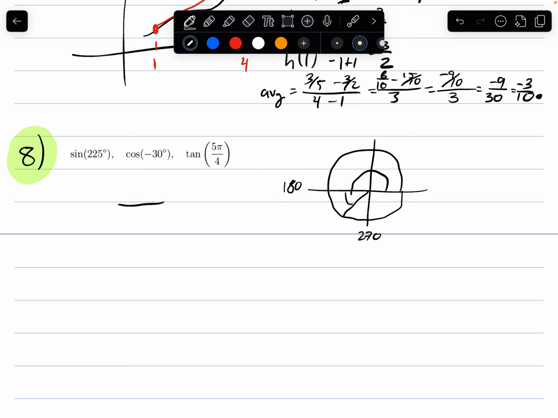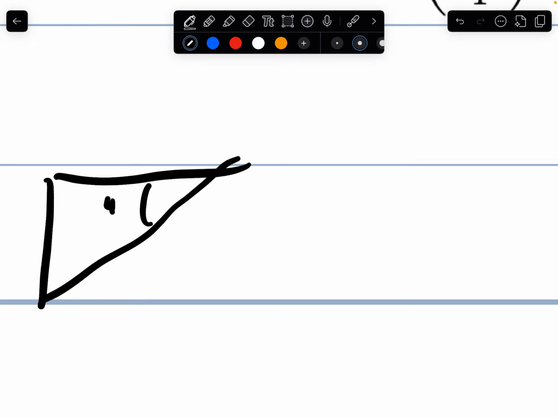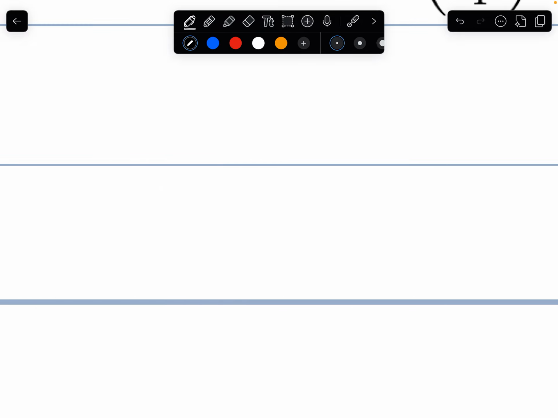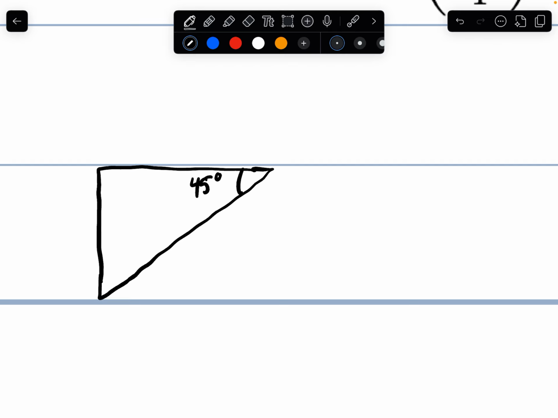So we can make a little special triangle here, where that is going to be 45. Maybe I'll make this a little thinner, and I'll make this a little larger. That's going to be 45 degrees, 90. And if this is 90 and this is 45, the other angle has to be 45 as well.